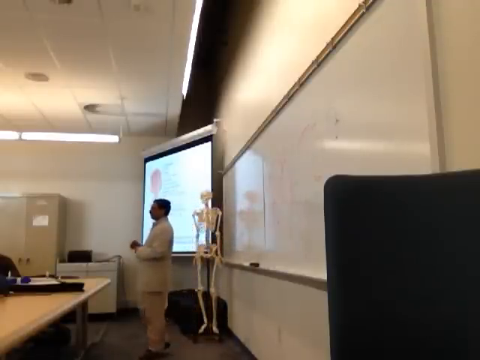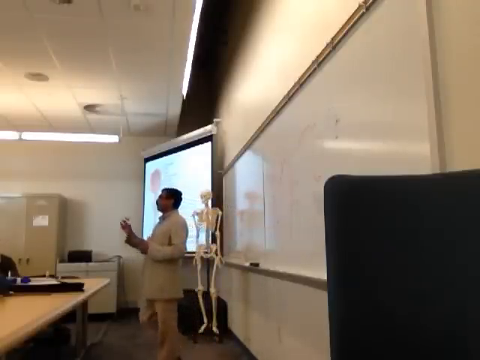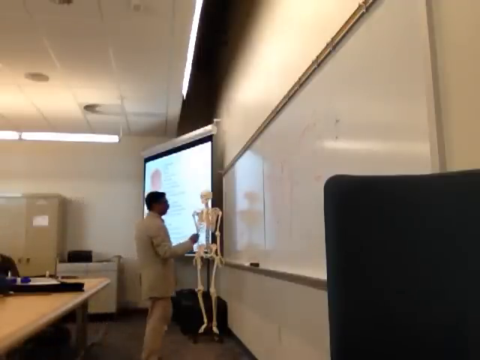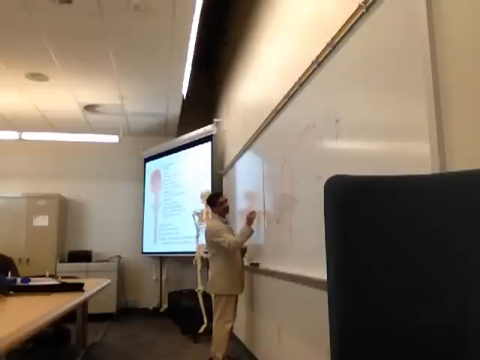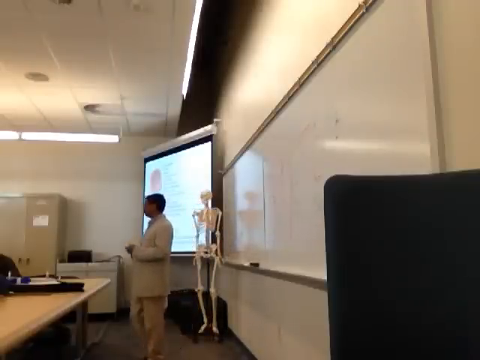Oliguria. So anuria is almost no production of urine. Oliguria is less production of urine. So if someone has 300 to 500 milliliters per day, that is much less than normal.